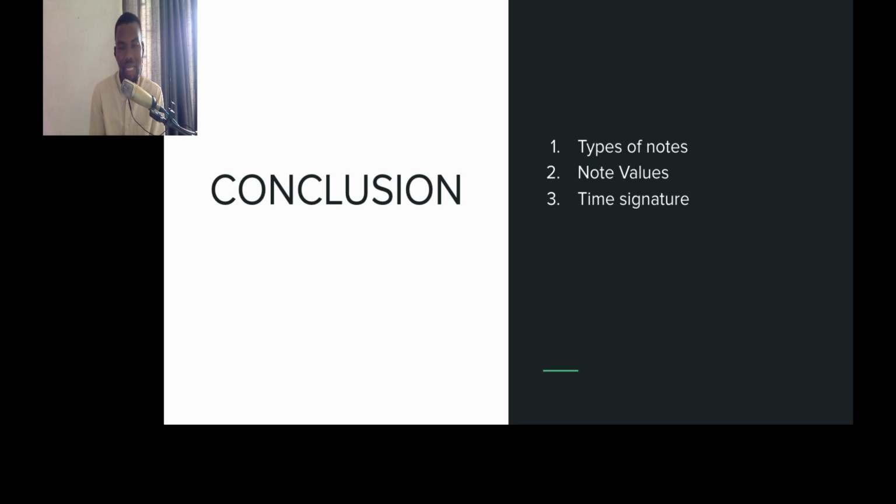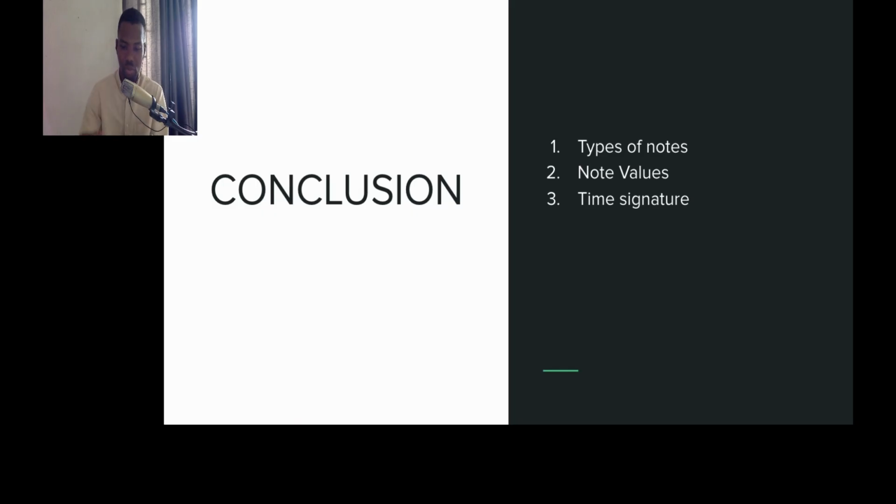And I told you the alternative names for these notes. The whole notes are called semibreves. The half notes are called minims. The quarter notes are called crotchets. The 8th notes are called quavers. And the 16th notes are called semiquavers.